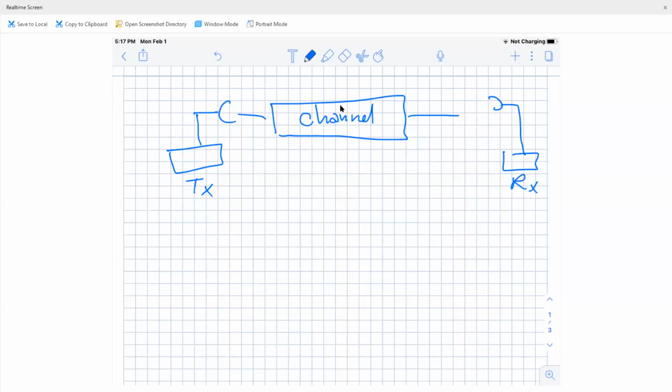Now, can anyone tell me why we modulate the signal? I mean, what's the benefit of modulation? To reduce noise. Okay, so it's an opinion. Another one. We can't travel the original signal too far a distance.